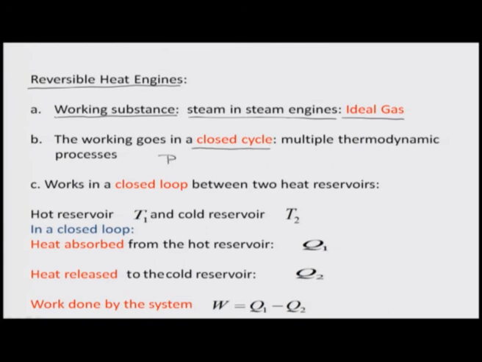If I start from P, T, V, these are my initial thermodynamic variables, at the end of one cycle I should come back to the same P, T and V. I start from initial values of pressure, temperature and volume, and my final values should also be the same. This is a cycle. An engine goes in a closed cycle. That is obvious. It has to go in a closed cycle so that we can keep on getting work from the engine.